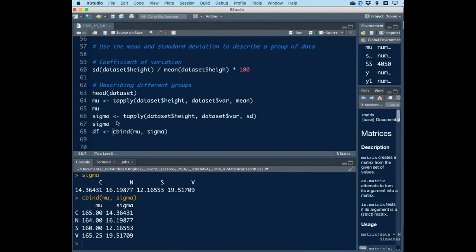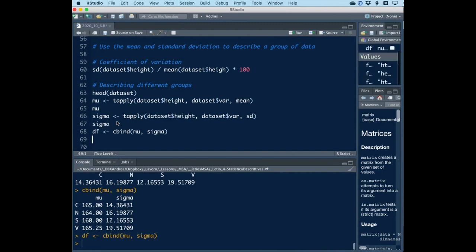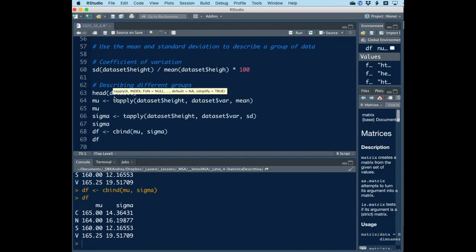It is a matrix, but we use it as a data frame. So now we have a descriptive data frame, which gives us the means and the standard deviations for each group, which is useful.